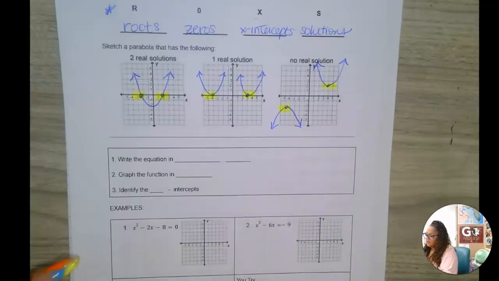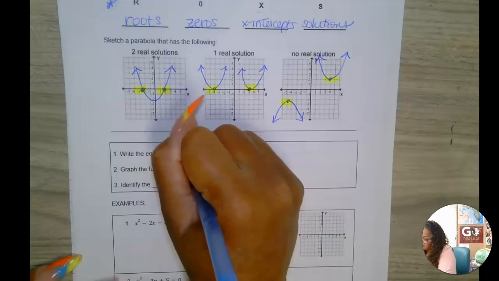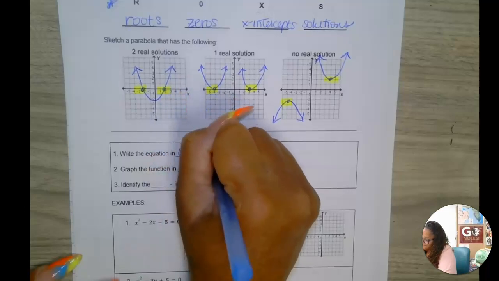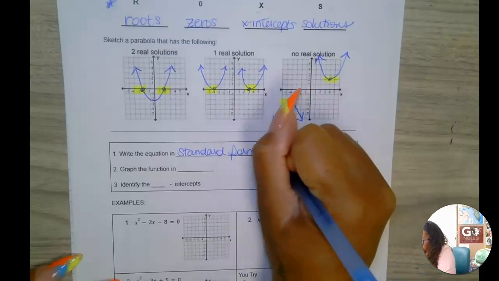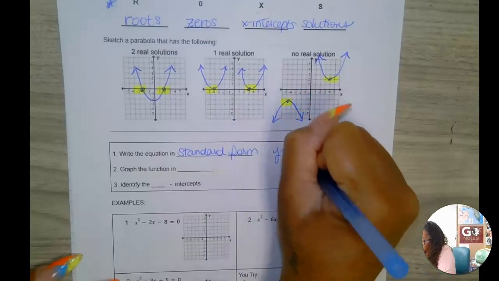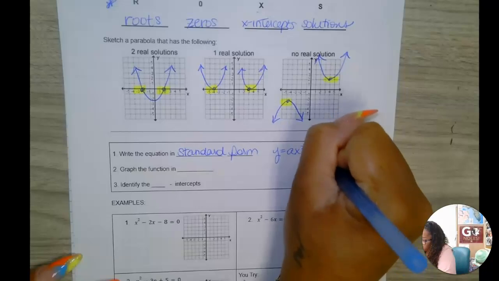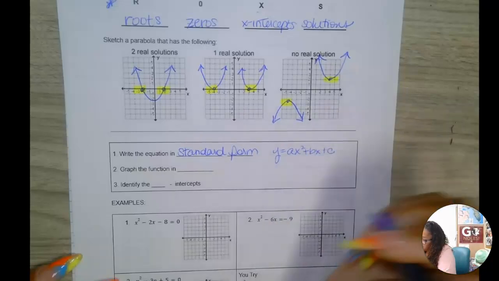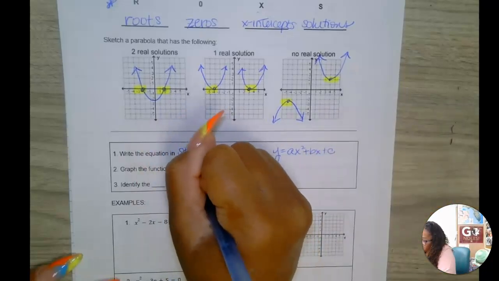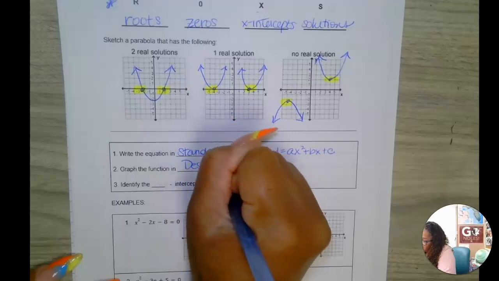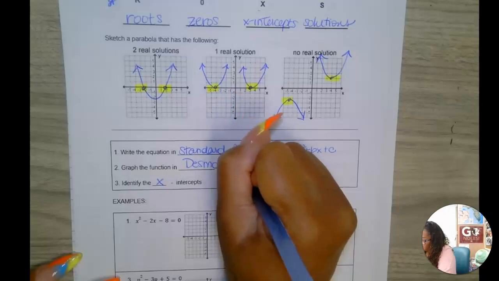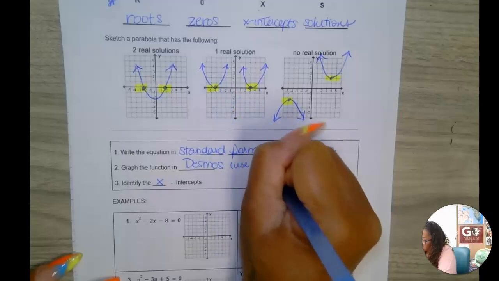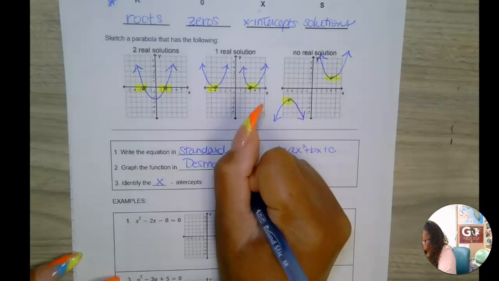So first we must write the equation in standard form. That's y equals ax squared plus bx plus c. Graph the function in Desmos, and then identify the x-intercepts. Always use the letter x in Desmos, okay?